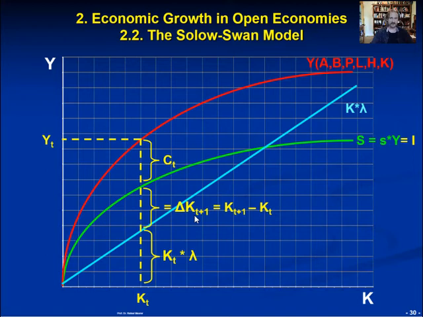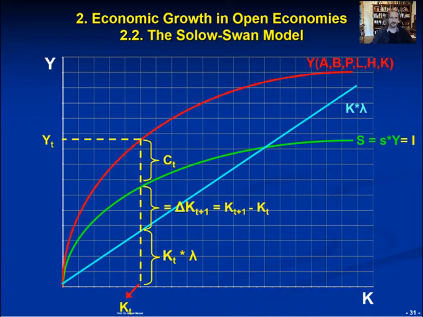We can now find the capital stock of the next period, T plus 1, by adding net investment to the capital stock of the current period. So all we have to do is adding this line segment here, net investment, to this capital stock we have currently reached.